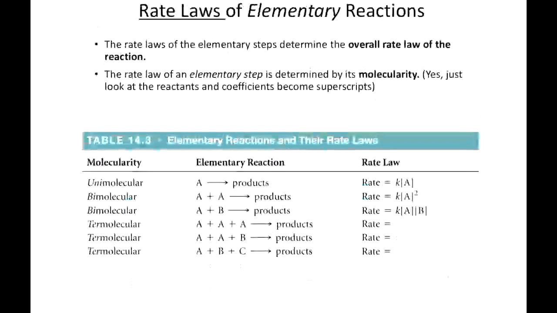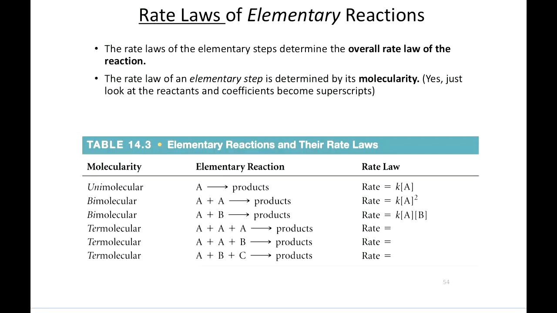Okay, great. I mentioned how rate laws relate to our elementary steps: the molecularity, whether it's uni-, bi-, or termolecular, determines the order for that specific reactant. I told you you were not allowed to just relate coefficients with orders back at the beginning of this chapter, but in terms of mechanisms and specifically elementary steps, you are allowed to do that.